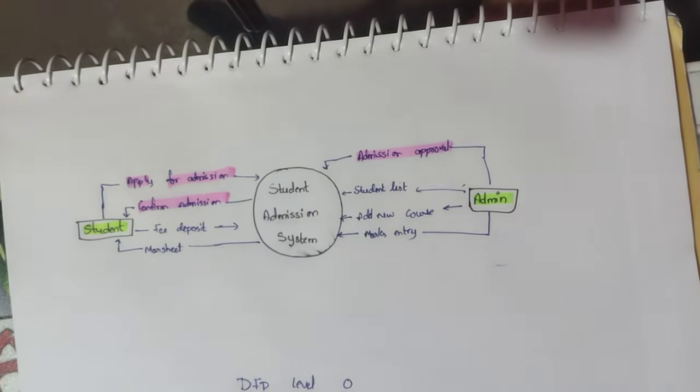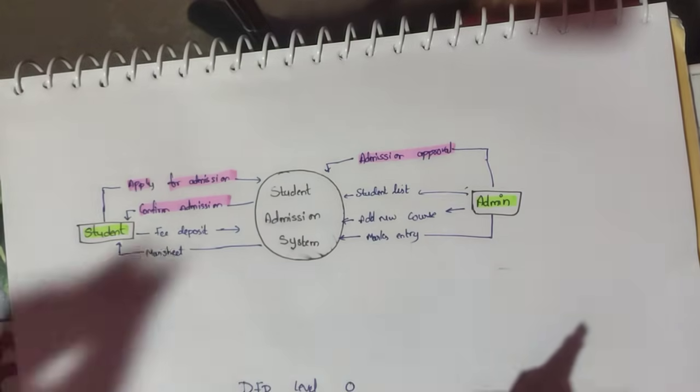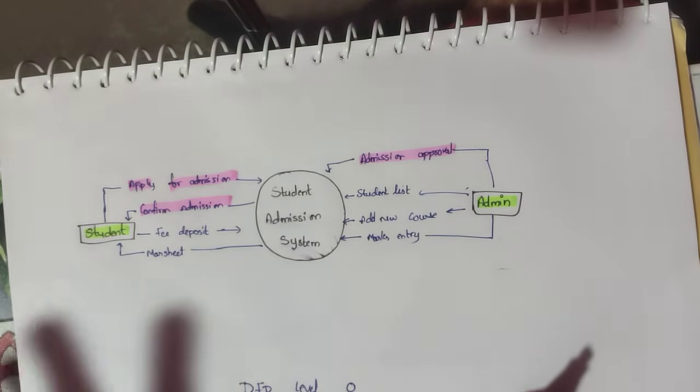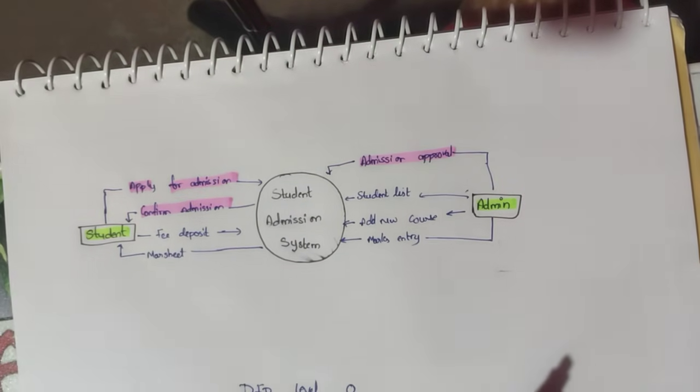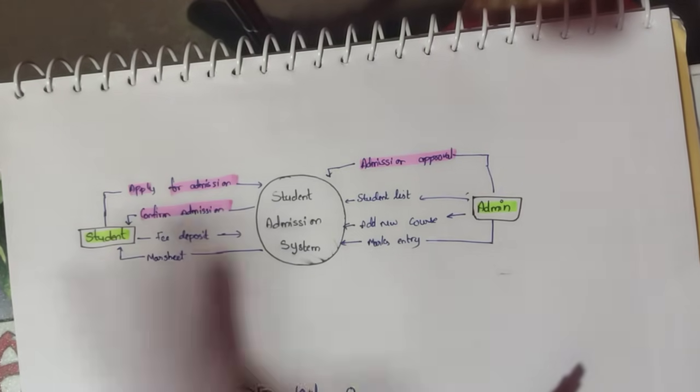For example, if I go to the college and say I want admission in MCA or BCA, it will go to the admin part first. Later the admin will approve that, yes, we have seats, you can join our college. Then the confirmation of that application will go to the student again.